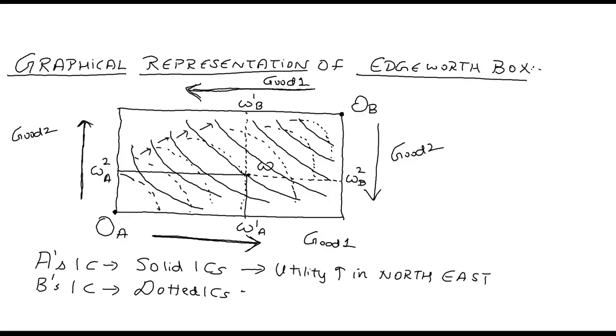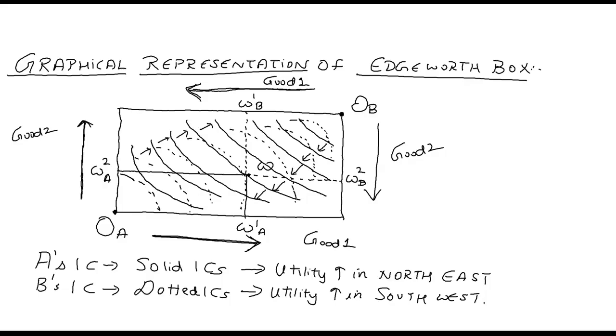Whereas in case of B's indifference curves, B's utility is increasing in the southwest direction. As we move in the southwest direction, B's utility or satisfaction is increasing. As we move in the northeast direction, A's utility or satisfaction is increasing.